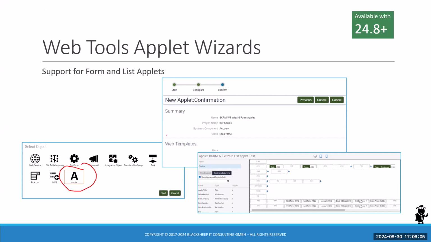So you can choose to create a form or a list applet. And well, I gave it a spin and it does what it says. It's the same experience literally as in Siebel Tools, of course, in the OpenUI task-based style that Web Tools has. It does not jump into the editor, so that's different, but easy enough to open the editor after that.